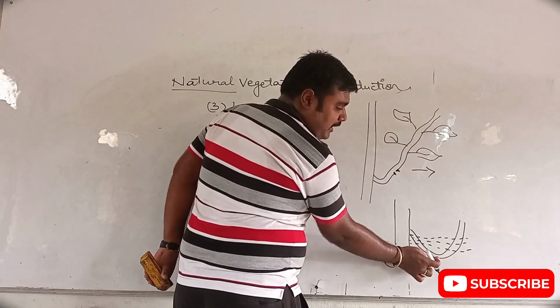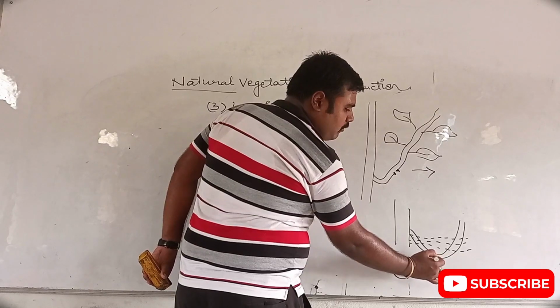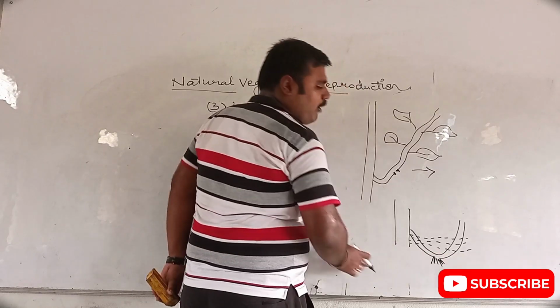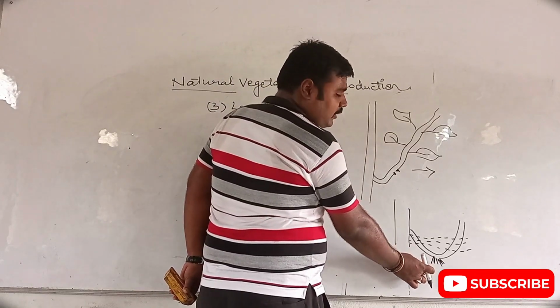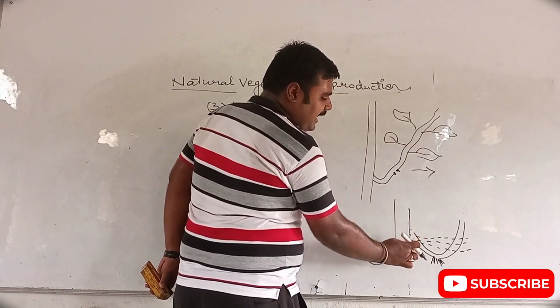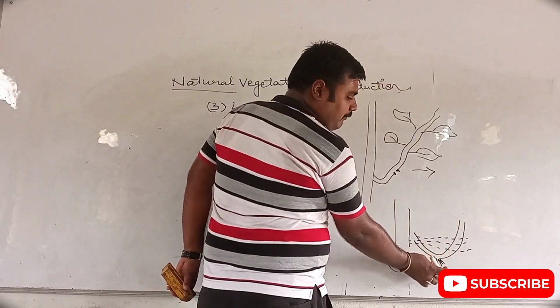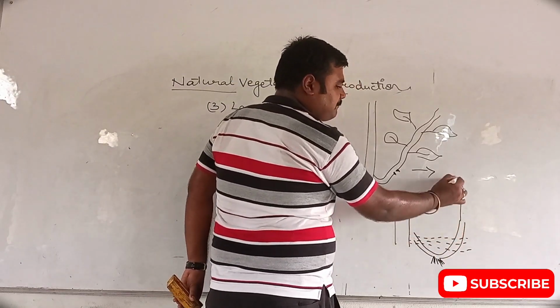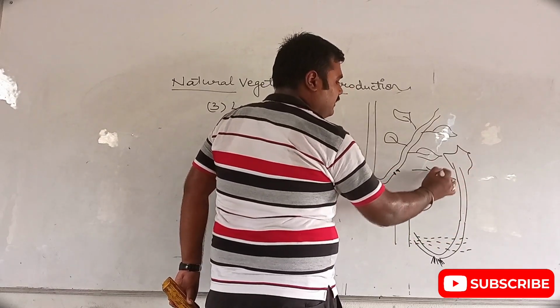Later on, this imprinted part will receive nutrition and will start to form roots from the imprinted part. Once the roots start to form, it is detached from the plant. Later on, due to the formation of the roots, this branch develops into a complete plant.